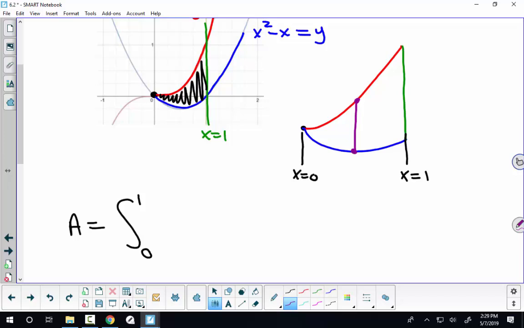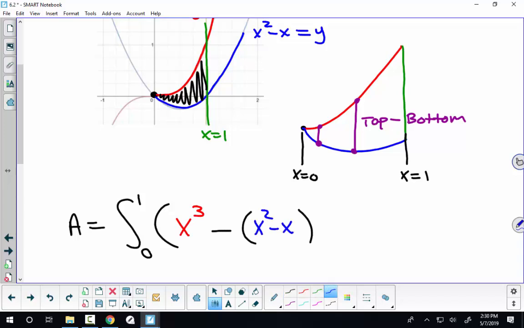The height of this rectangle is simply the top coordinate location minus the bottom. But all of those vary, right? The height of this rectangle is certainly different than the height of that rectangle. But nonetheless, the height of that rectangle on the far left is still the top value minus the bottom value. So we have the top minus the bottom with respect to x.